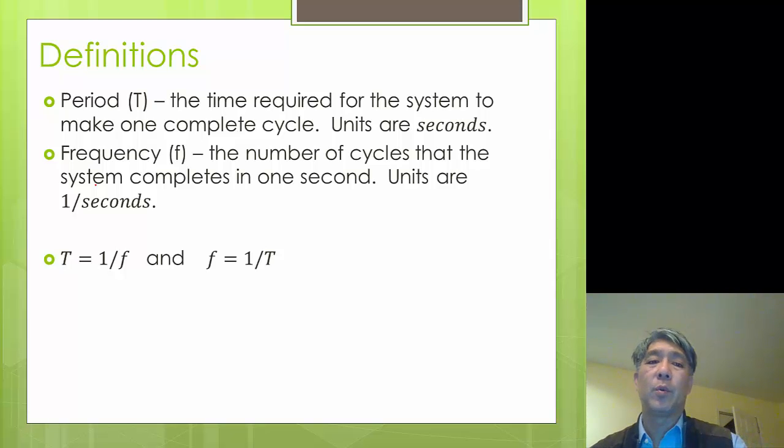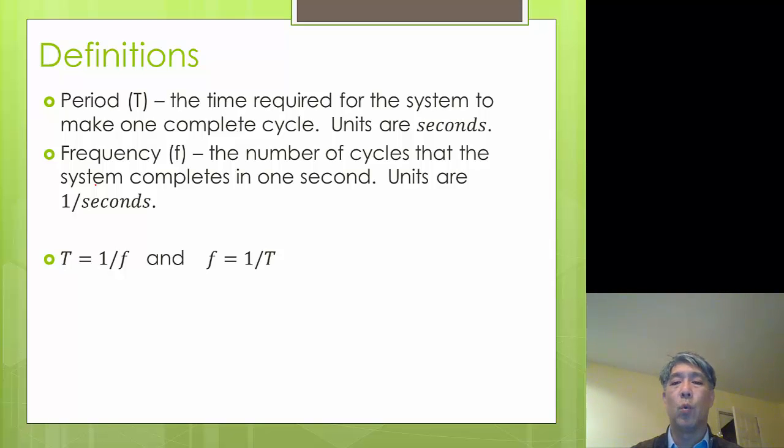So first off, definition of period and frequency. Hopefully we're already familiar with these words, but we'll go over them again anyway. Period, we usually use the letter T to represent period, and this is the time required for the system to make one complete cycle. The units for this measurement is seconds. Frequency is the number of cycles that the system completes in 1 second.